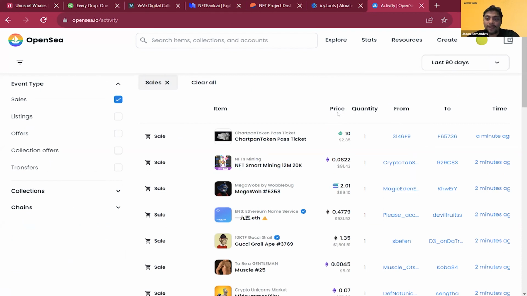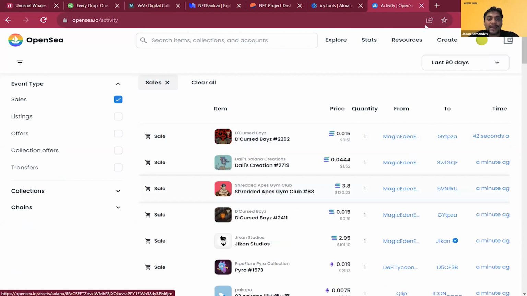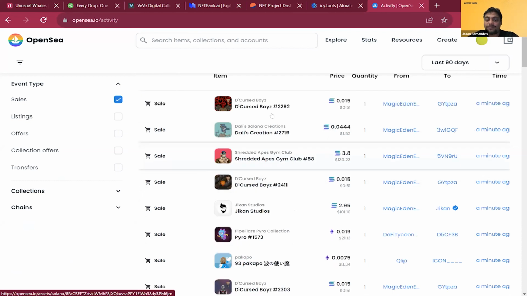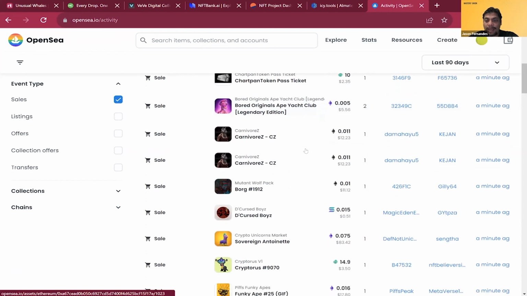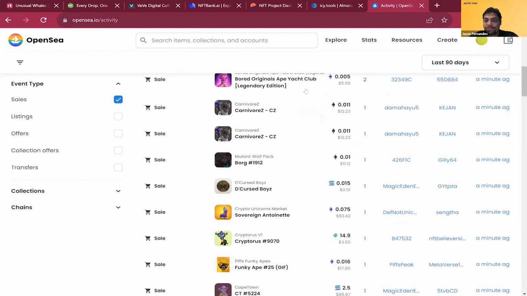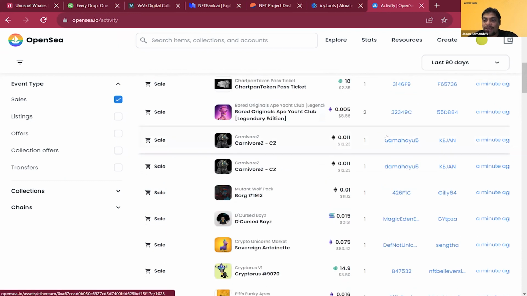So if you look at, for example, this sales data, it shows you that this NFT was bought, essentially transferred from here to here 2 minutes ago, and now a minute ago and a minute ago. And so you can get an idea of what people are buying, especially if you start seeing a lot of the same kind. So now you see, for example, there's 2 carnivores. I'm going to assume it's the same person. Yeah, so it's actually the same person selling to the same person, which is why that is repeated.